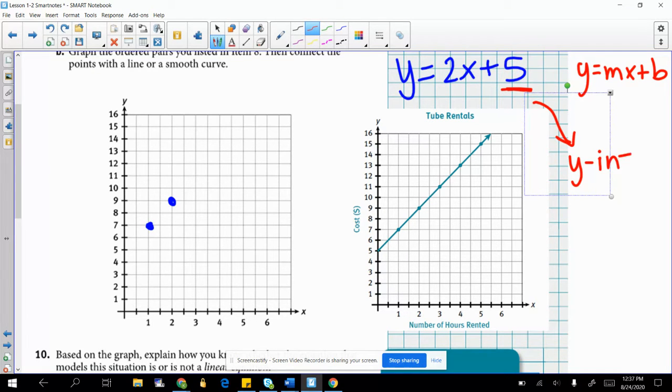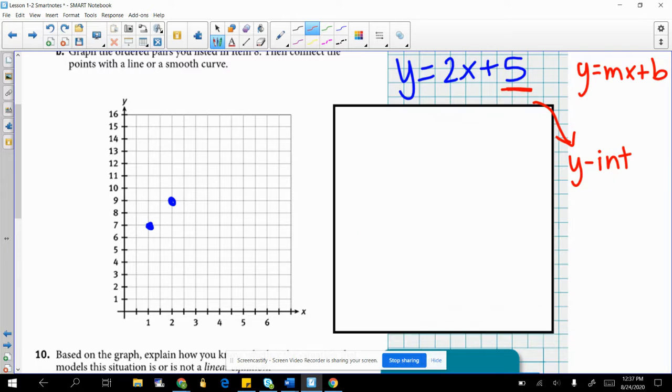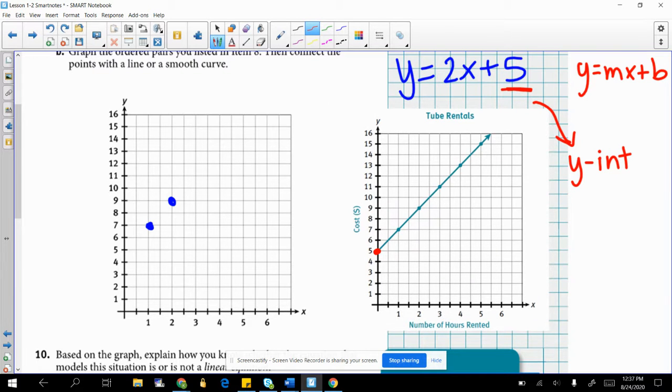So basically what that means is that is your starting point, starting point on the y-axis. So that's one thing there. And then this part here is your m, or your slope.